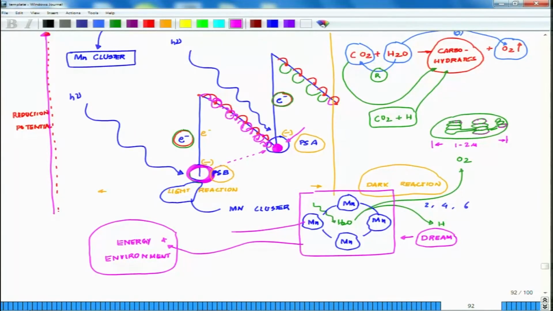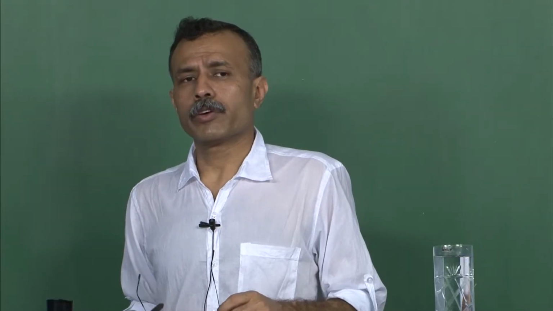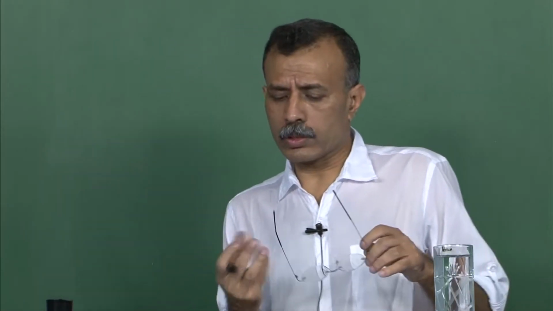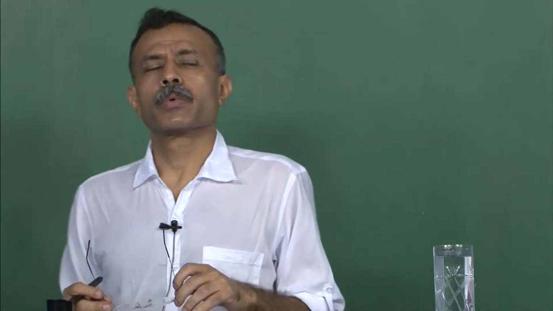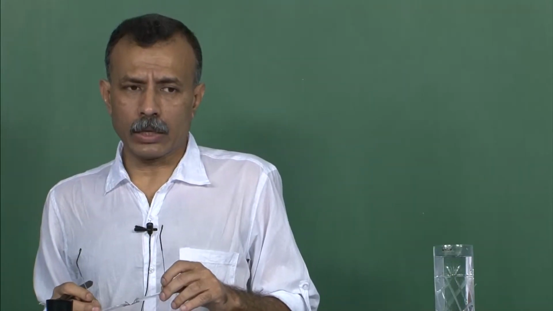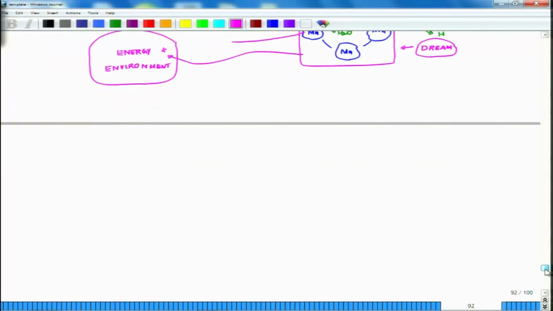Now, where we are currently, there is a lot of research happening on understanding the manganese cluster at the atomic level. People are trying to crystallize this whole assembly, but the nano world currently is using one molecule which draws its inspiration from here, titanium oxide.